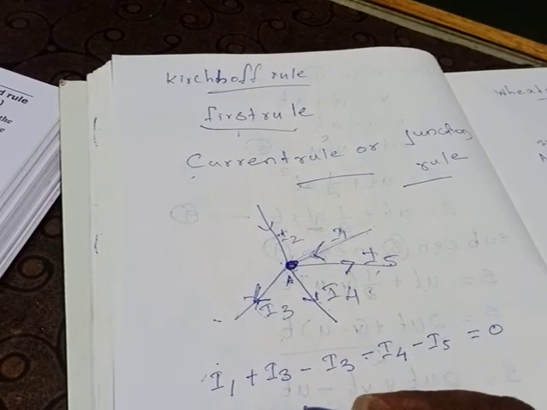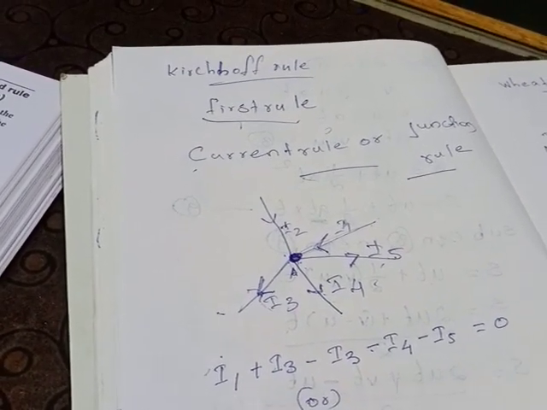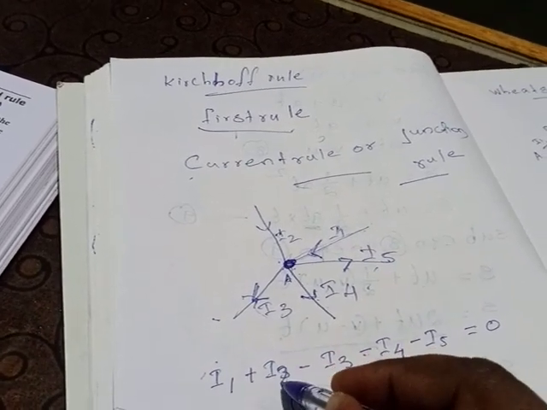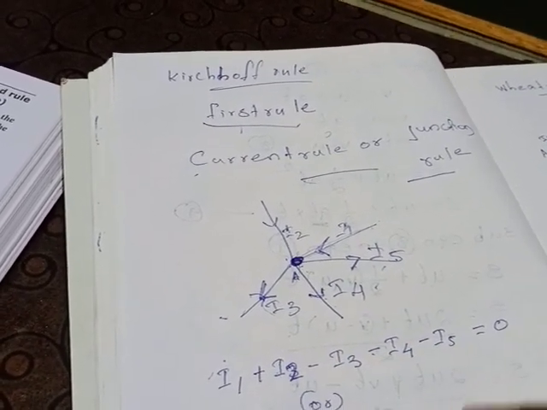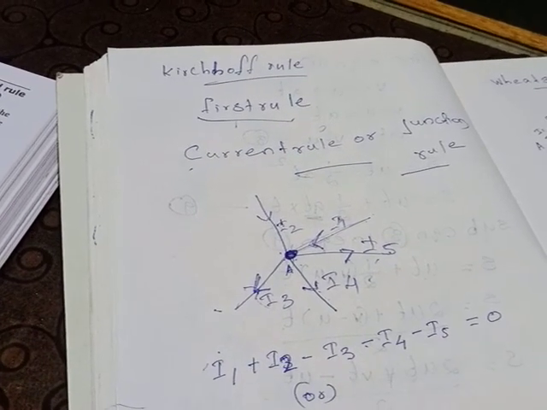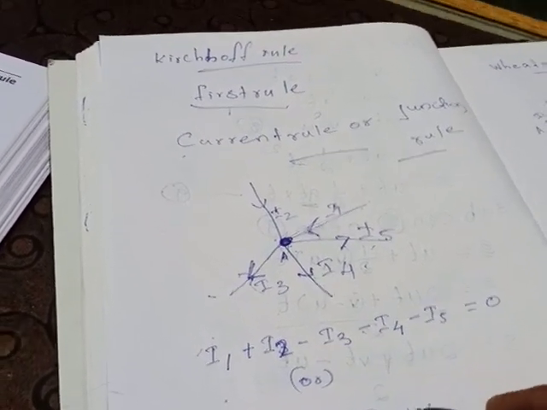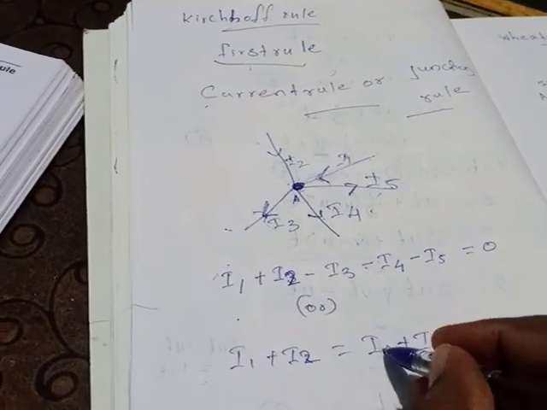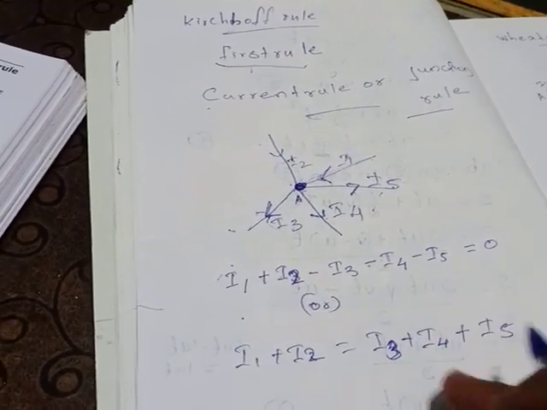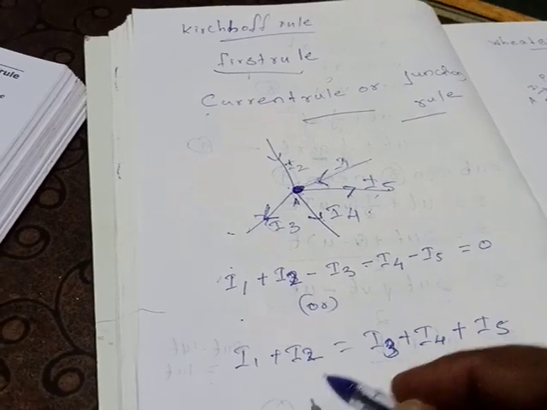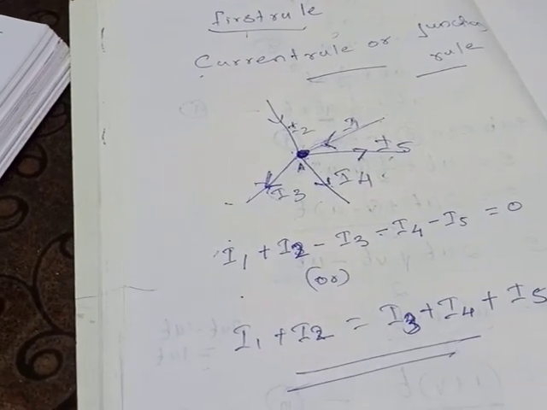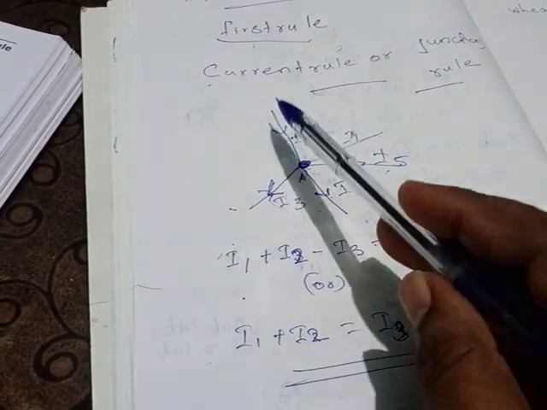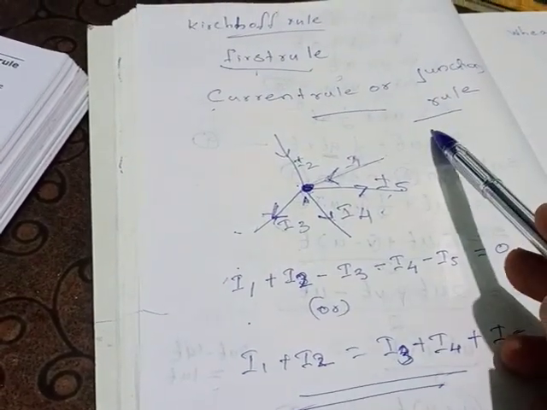You can write another way also: I1 plus I2 equals I3 plus I4 plus I5. This way also you can write. This is Kirchhoff's first rule, or you can call it the current rule or the junction rule.